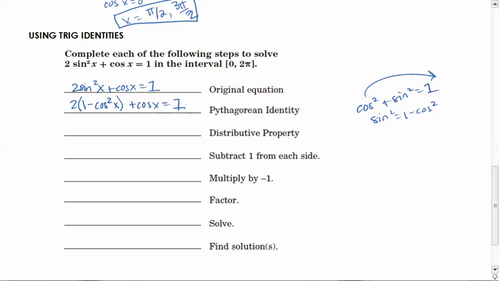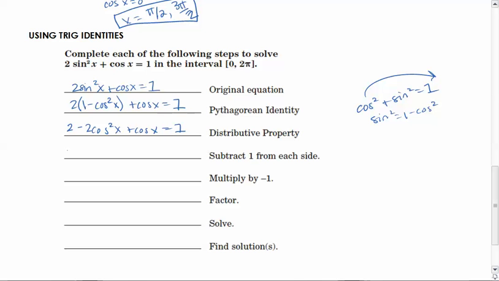Next, we want to use the distributive property. Obviously, we're distributing this 2, so we get 2 minus 2 cosine squared x plus cosine x equals 1. Next, you're going to subtract 1 from each side, which means we are going to have our equation compared to 0 because we're going to factor it.